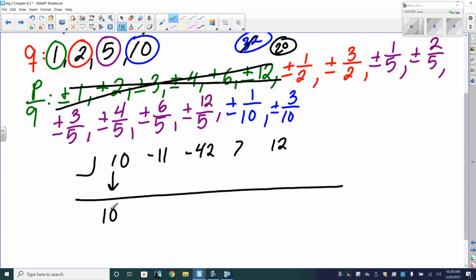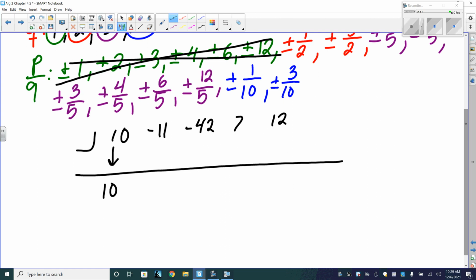Did we do any calculations yet? No, because we looked at the graph and we saw where they crossed the graph, yes? And the one that lined up best, if it is a rational zero, is possibly 12/5, and we'll check to see if that is the correct answer. So the first thing we can do is 12/5 times 10.